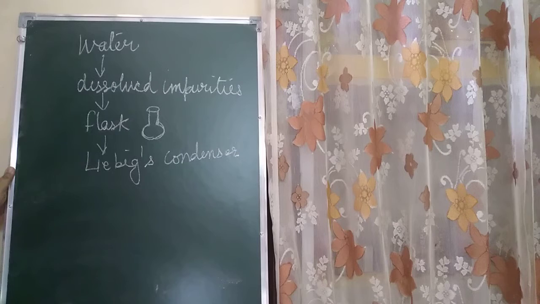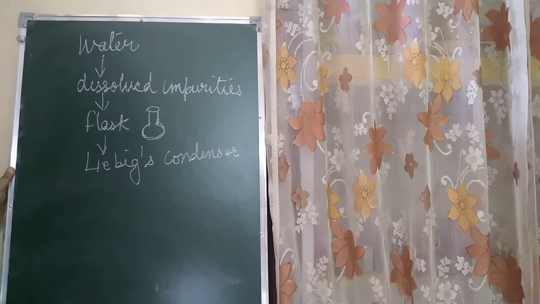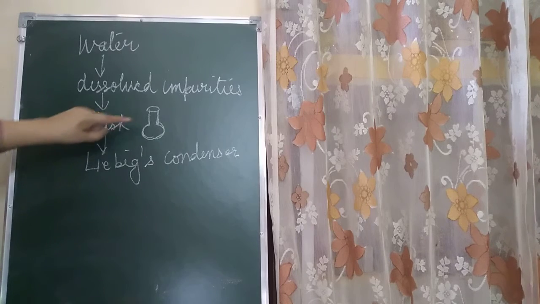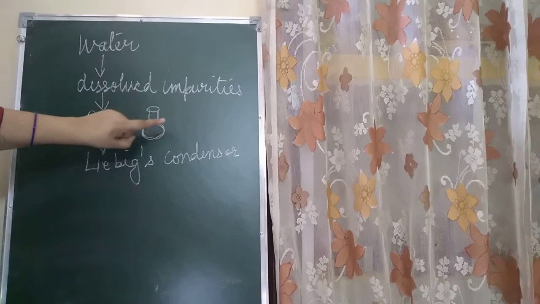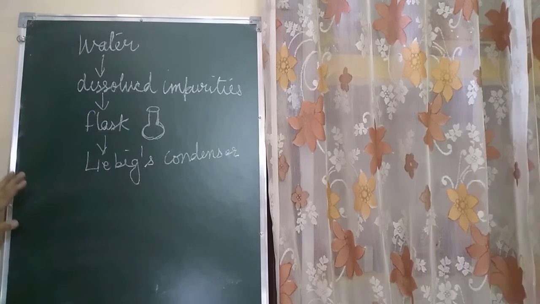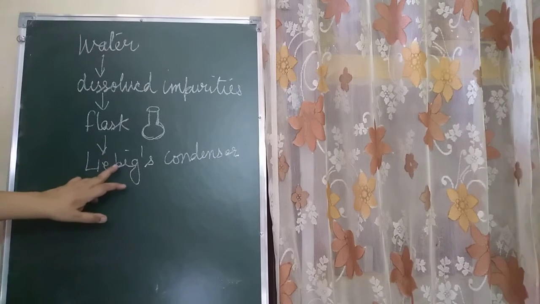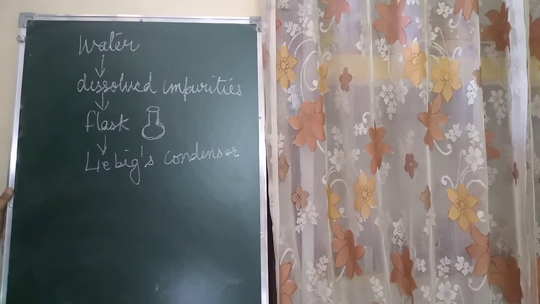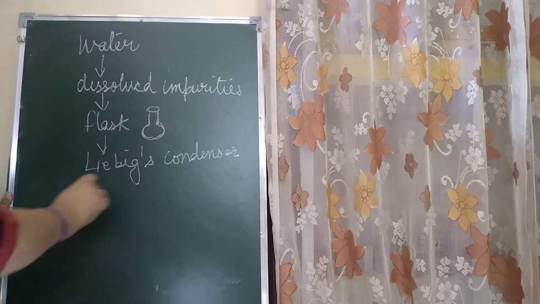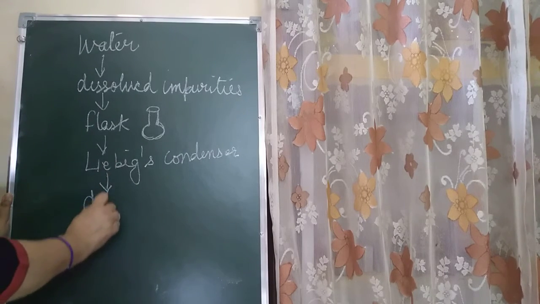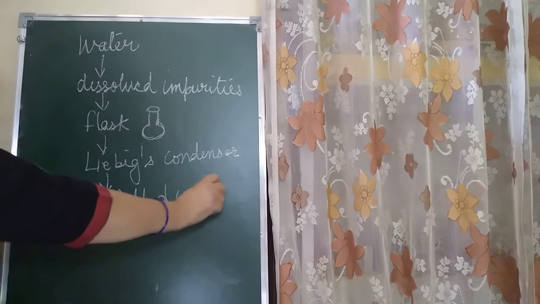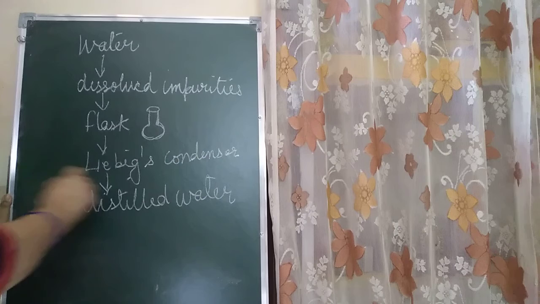Cold water is made to flow through the condenser, and as the flask is heated, the water evaporates, children. The water vapor cools and condenses in the Liebig's condenser. Then the drops of distilled water formed are collected in another flask.